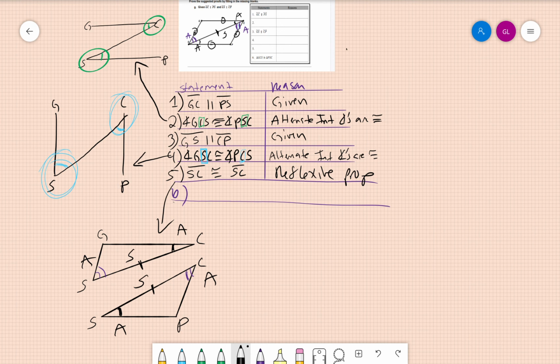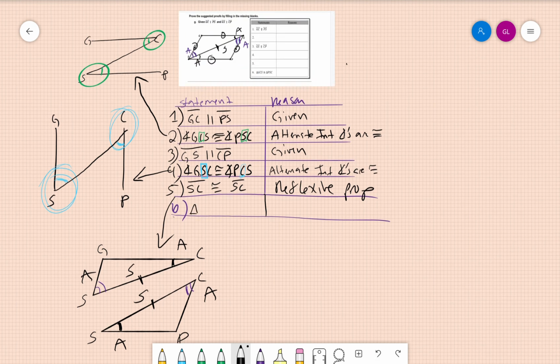So now we can get back to completing this proof. I meant to put a triangle there. So triangle GCS is congruent to triangle PSC, and this is due to, we already said it here, angle, side, angle.